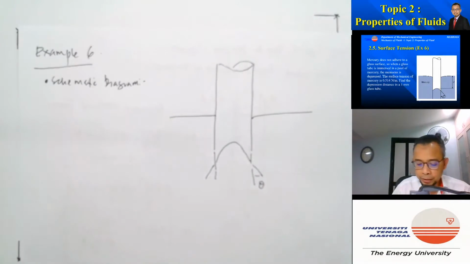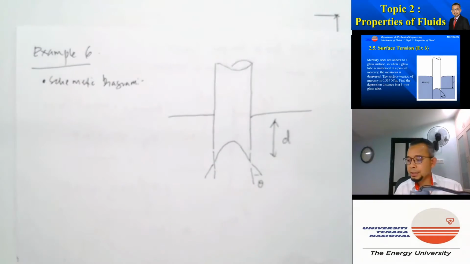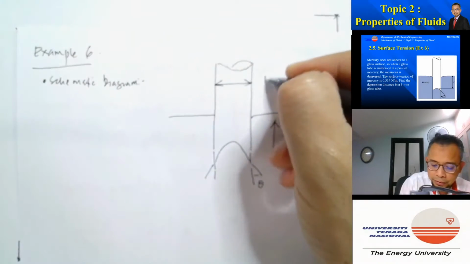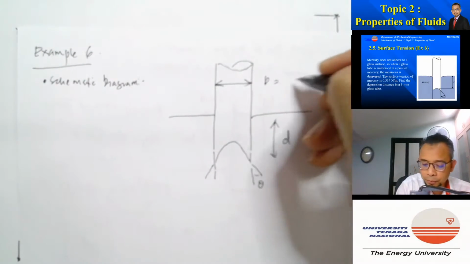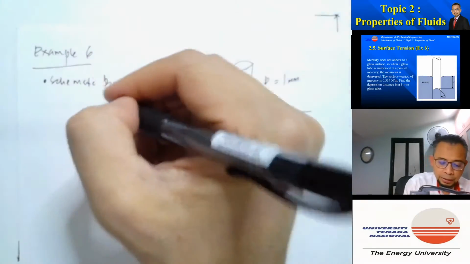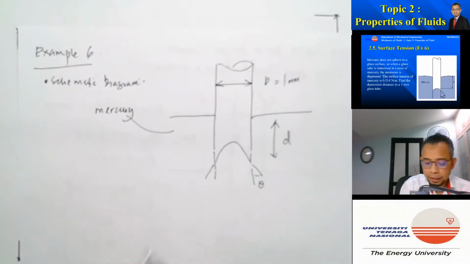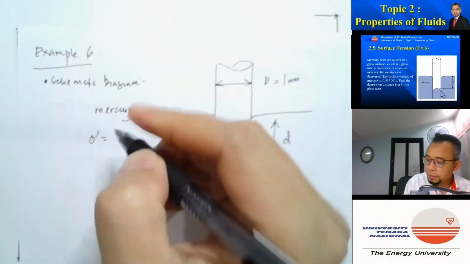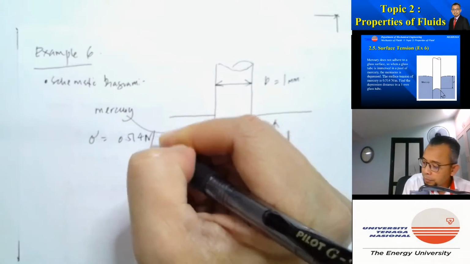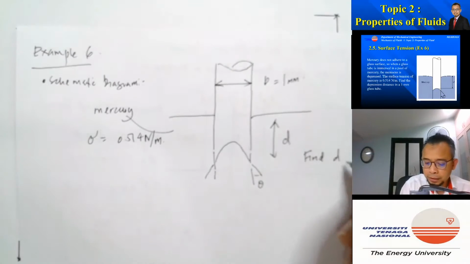We are asked to find the depression, and the diameter is given, I call it big D, equal to 1 millimeter. The fluid that we are dealing with here is mercury, where we know that sigma for mercury is equal to 0.514 Newton per meter. So you are asked to find d.